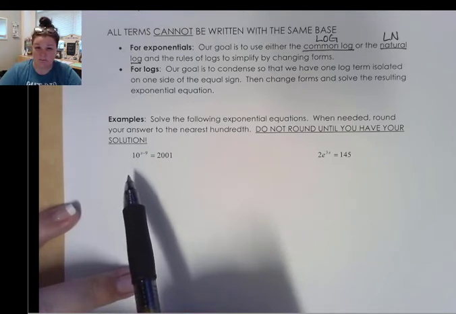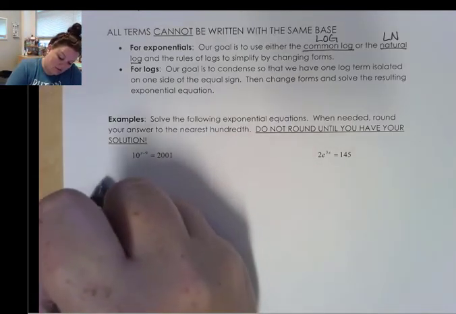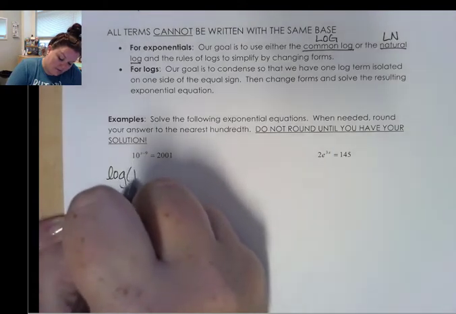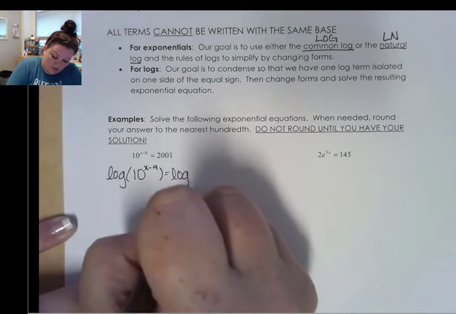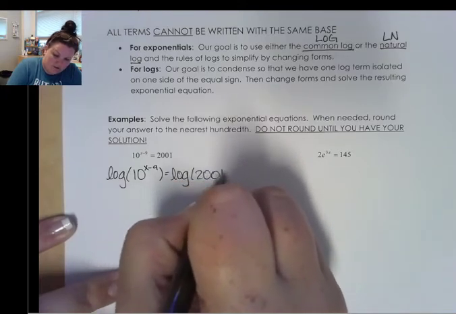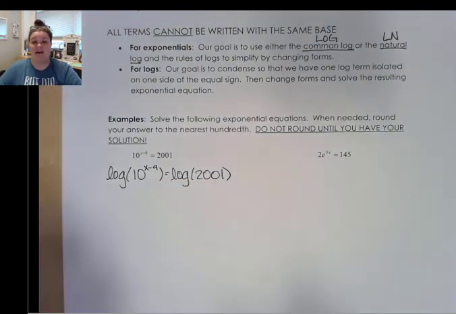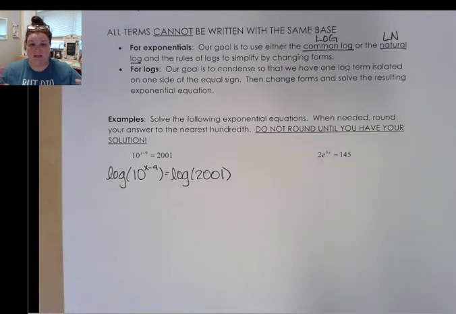So that might actually help us a little bit. So I'm going to use log of 10 to the x minus 1 is equal to log of 2001. I'm just evaluating both sides with a log, and that's okay. I'm not changing my equality as long as I do it to both sides.